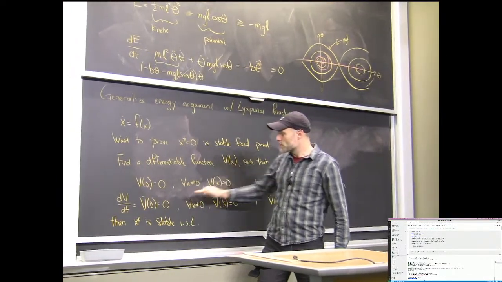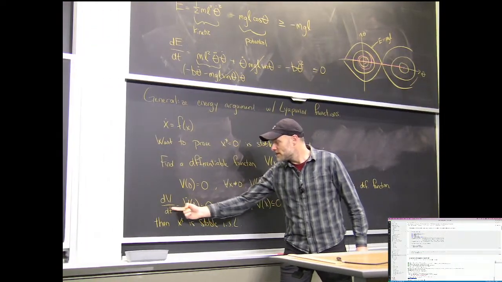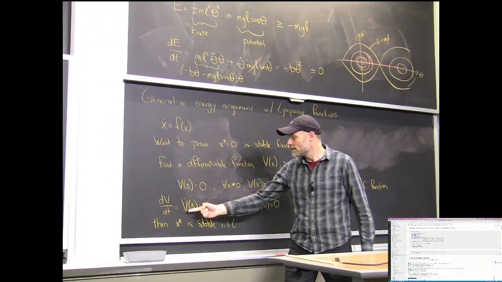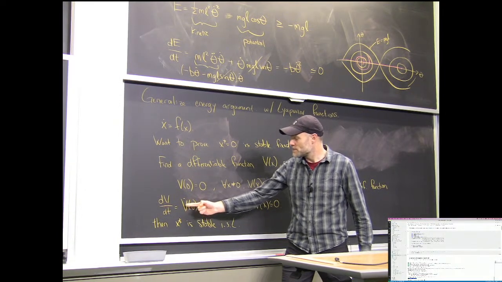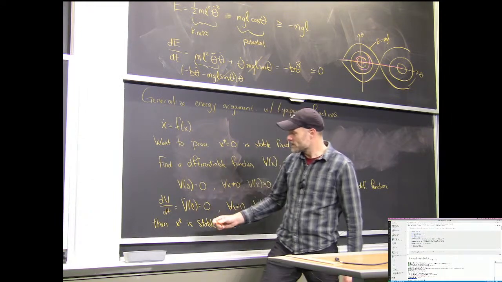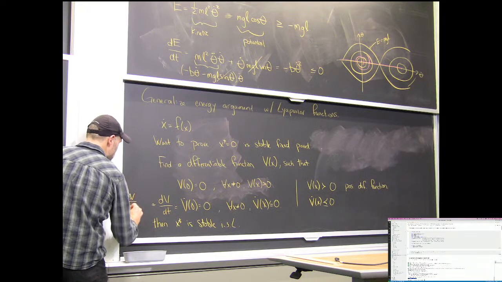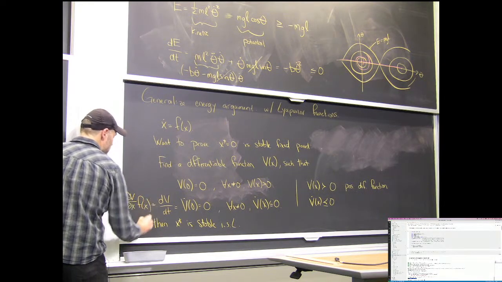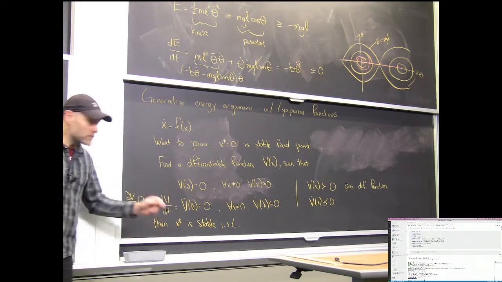V is independent of f in some sense, but in order for these conditions to hold, v dot, dv dt, v doesn't depend directly on time. The only way that v goes downhill is you'll see that dv dt, we're about to do it in a second here, but let me just write it right now. This is partial v partial x, f of x. That's probably the one spot of the board that you can't possibly see from your angle, but I'll write it again in a minute. Okay, it only comes into the time derivative is the short answer.